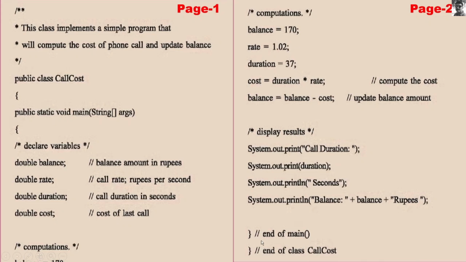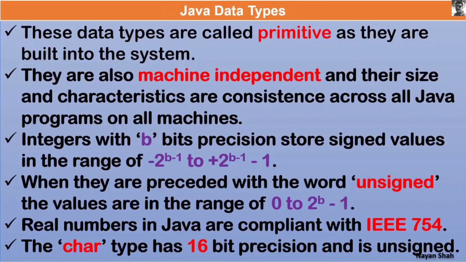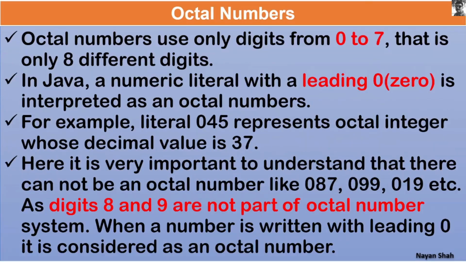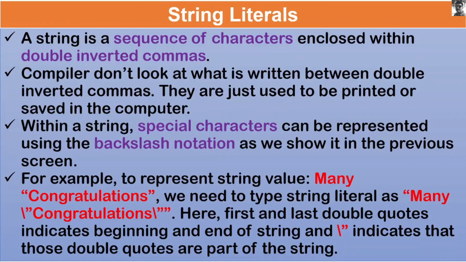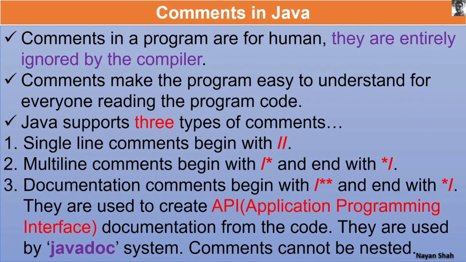End of main indicates that this closing curly bracket is the end of the main method which began here. And end of class Calc Cost means this class, which started here with an opening curly bracket, is getting over here. So this comment makes your program readable and easy to understand for the one reading your program, or for your own program when you are reading. So comments are very important.